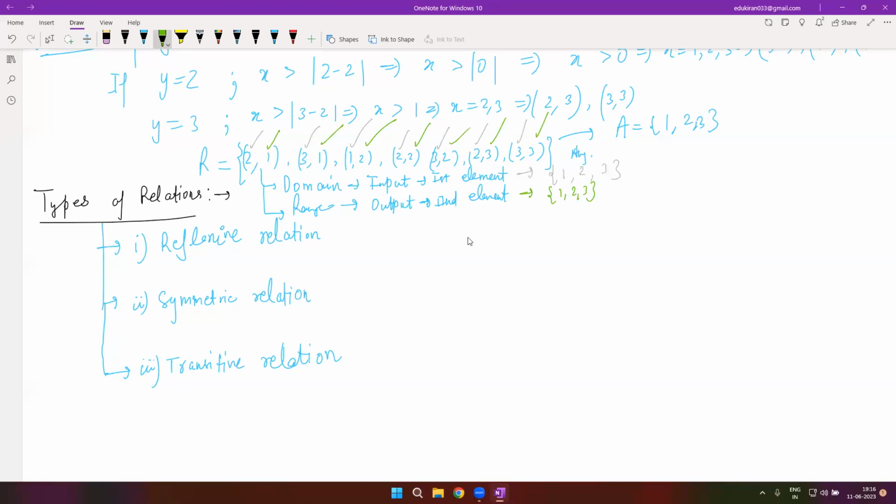So if you want to say that a relation R is reflexive on set A, it means that the relation should contain (1,1), (2,2), (3,3). For each element involved in the set A, there should be the same output as well. So if I'm saying that a relation is reflexive, then it means that the relation is basically following this condition.